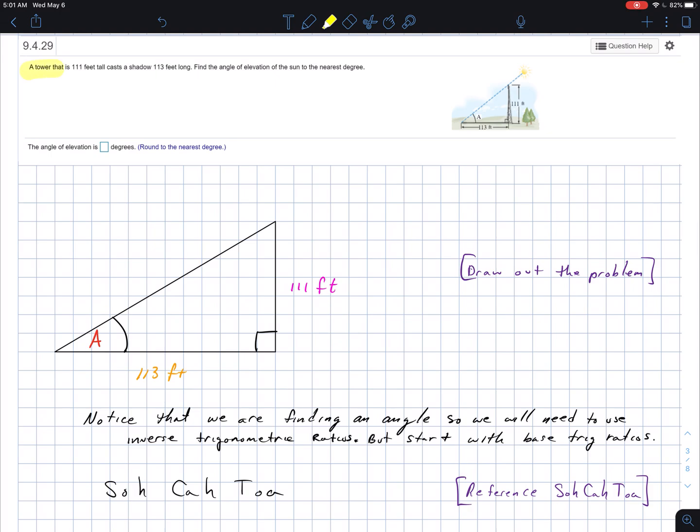9.4.29 says that we have a tower, and this tower is 111 feet tall. It's going to cast a shadow that's 113 feet long. So we are to find the angle of elevation this time to the sun to the nearest degree. Whenever we're asked to find an angle, remember one thing.